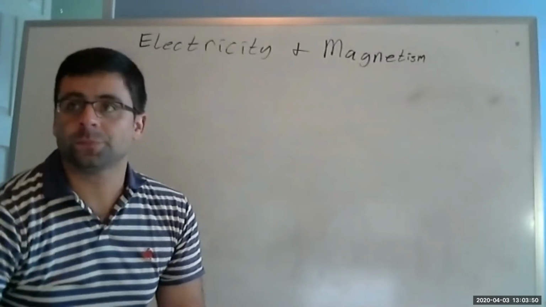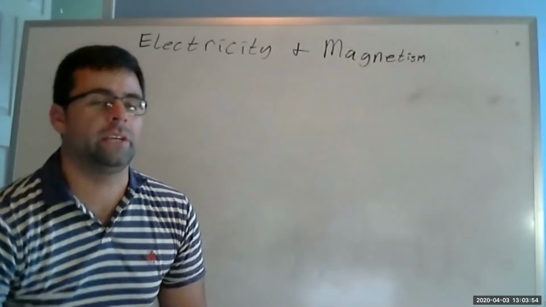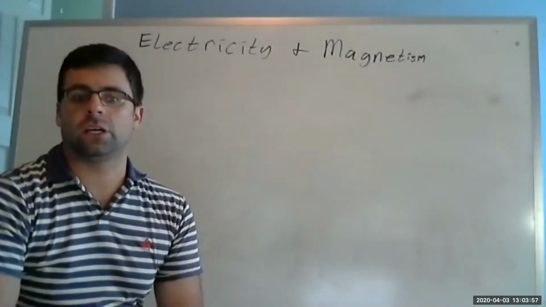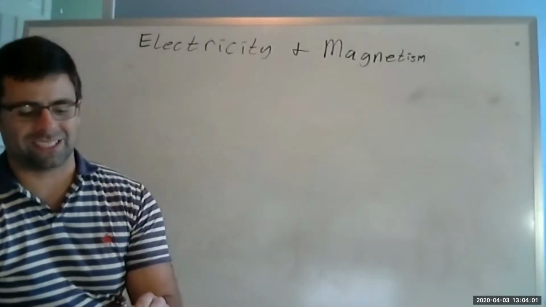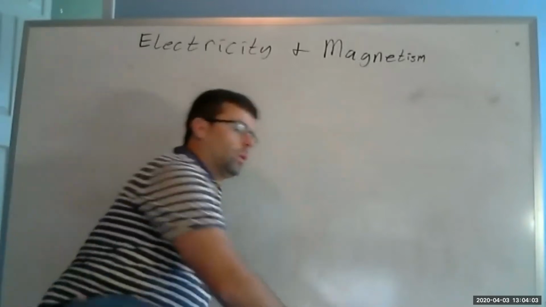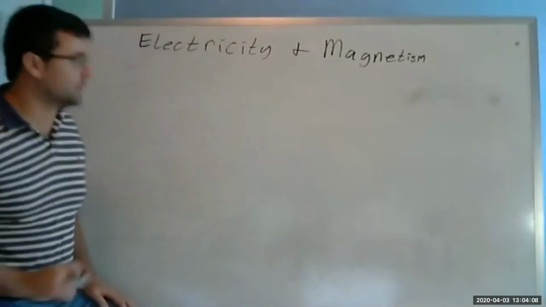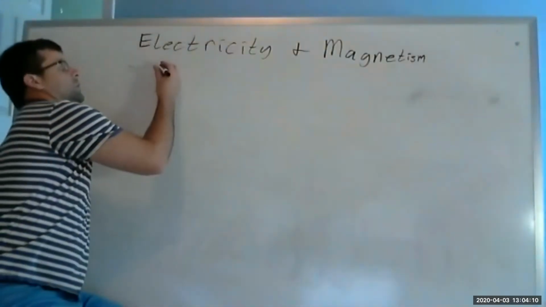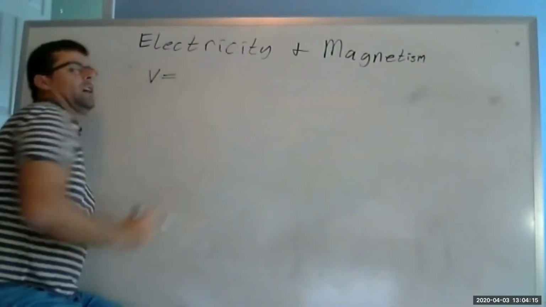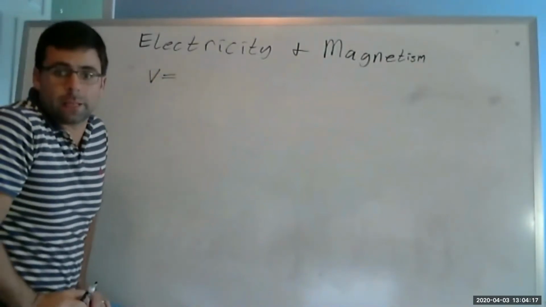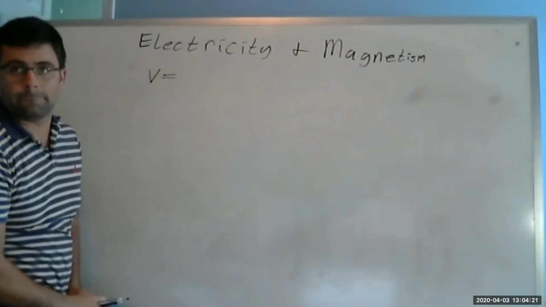All right. So we've been talking about waves, and the thing we discussed last time was the velocity of a wave. So who can remind me what the velocity of a wave is in terms of wave characteristics?